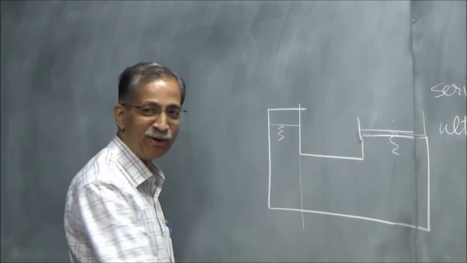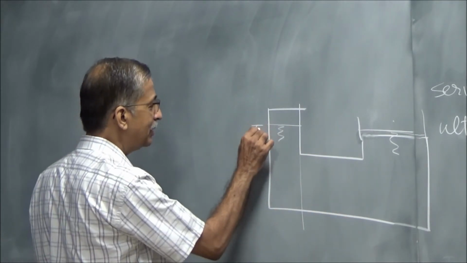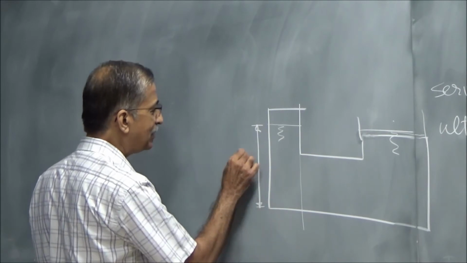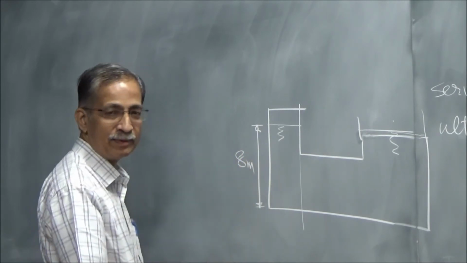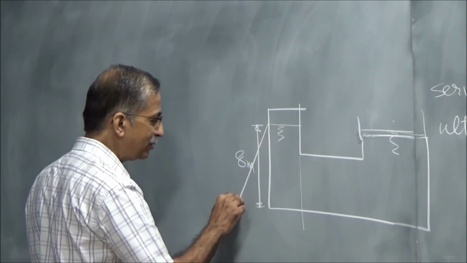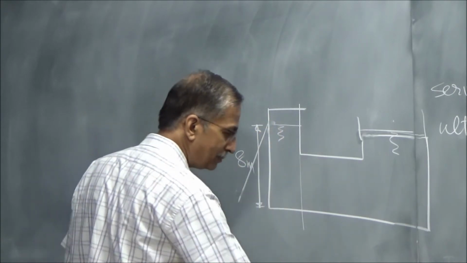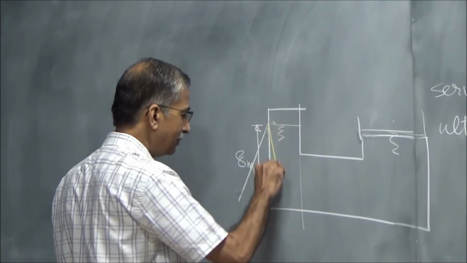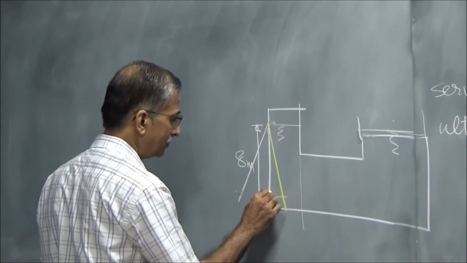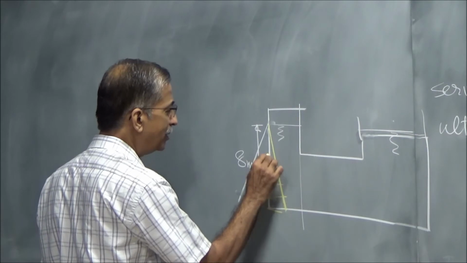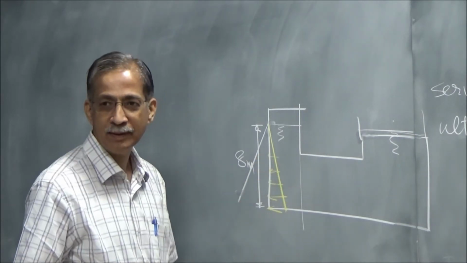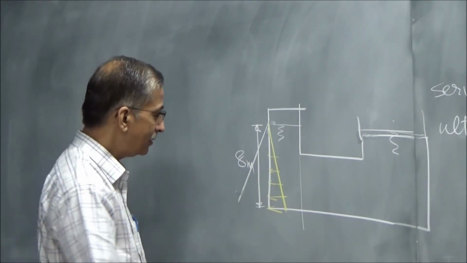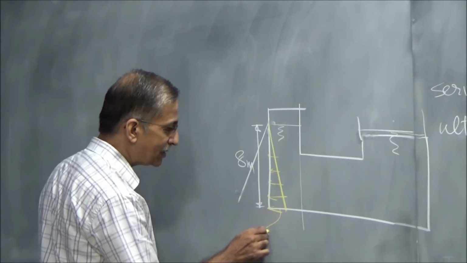But the person who designed this, I first saw it in the foundation, that said this was 8 meters. So what's the water pressure here? Can you tell me? Inside? How much water pressure? What's the pressure at the base?